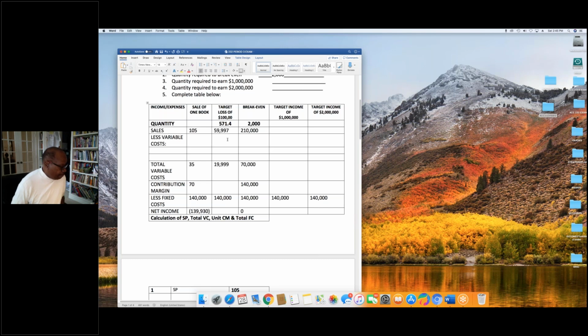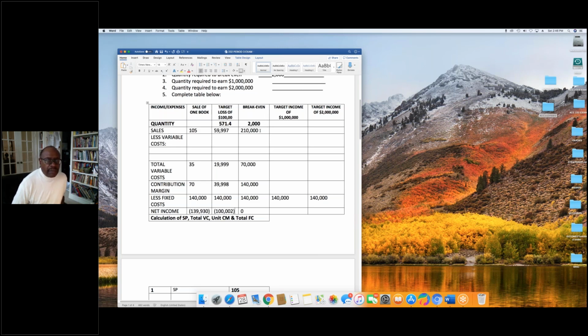We subtract 19,999 from the 59,997, and our contribution margin in dollars is now 39,998. And so our loss is going to be, because of rounding, it won't be exact, but just so we fit that all up, our loss is 100,002. So with $2 there.